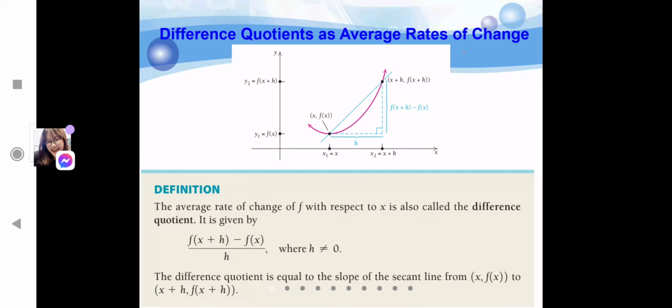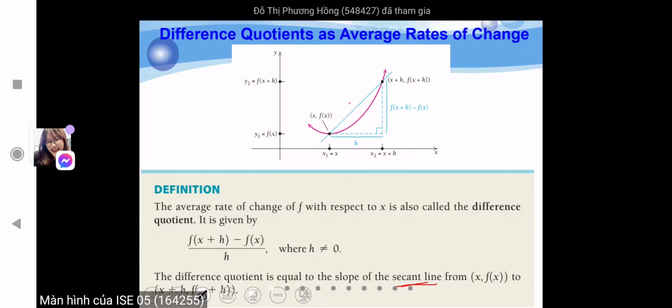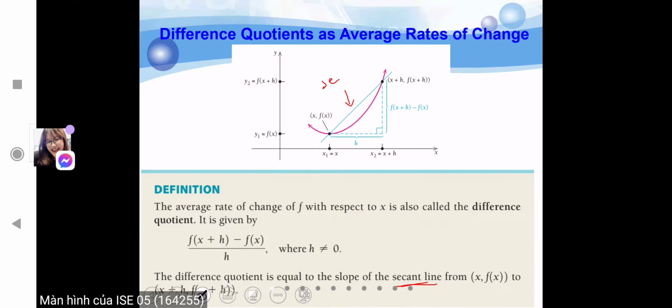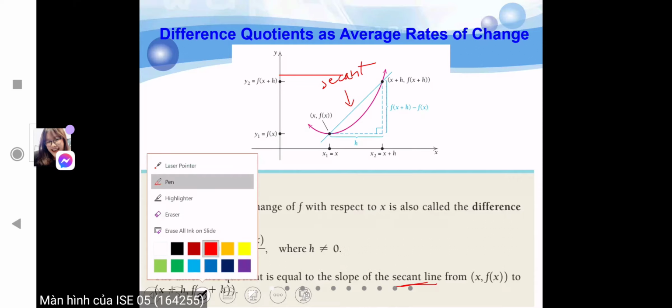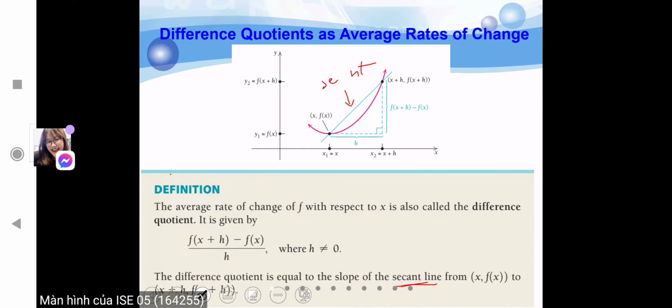Geometrically, the average rate of change is the slope of the secant line. It is called the secant.